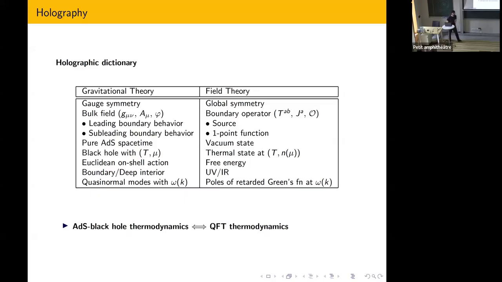Is it a description of an arbitrary system or does it assume a very special state? So I will be working in a regime where gravity is classical and the quantum field theory is strongly coupled. But in theory, many states of the QFT can have a smooth gravitational dual.